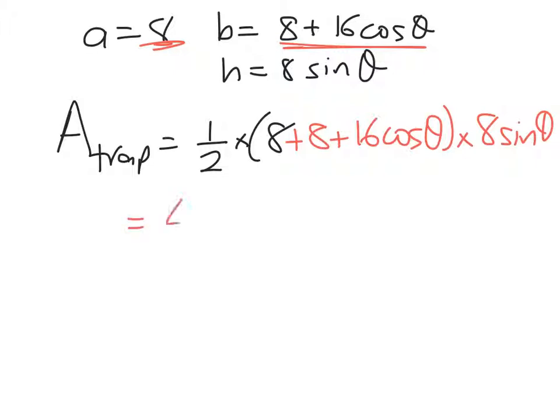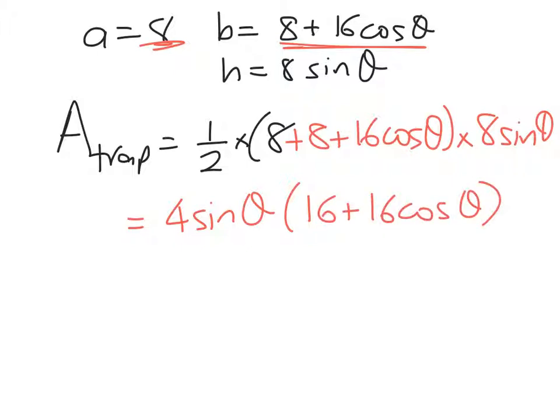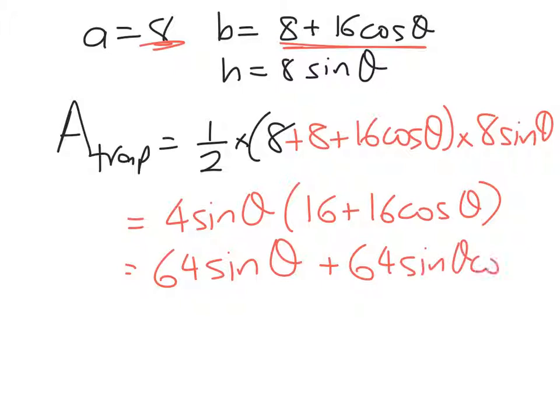So that equals 4 sine theta times 16 plus 16 cos theta, 64 sine theta plus 64 sine theta cos theta.